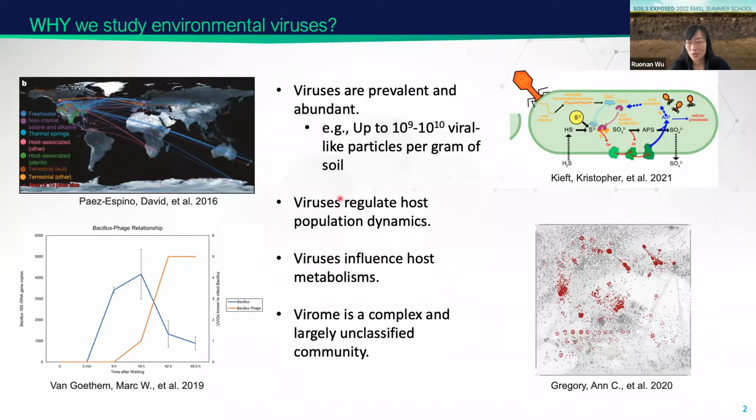Viruses can also regulate their host population dynamics. The figure below shows Bacillus RNA counts and their associated phage genome counts in metagenome sequences from biocrust soil, and clearly shows a nice prey and predation relationship after the soil wetting. Viruses can also influence their host metabolism.